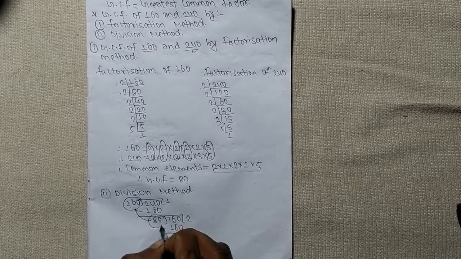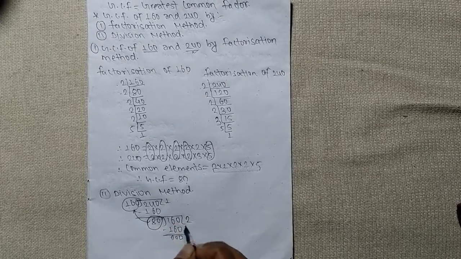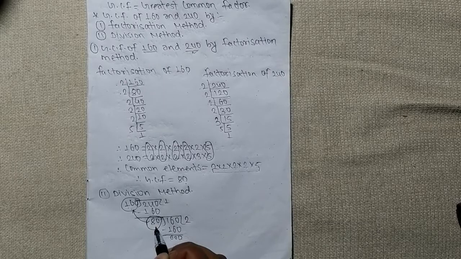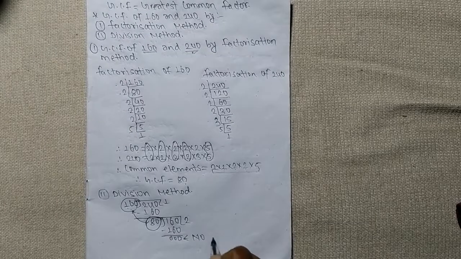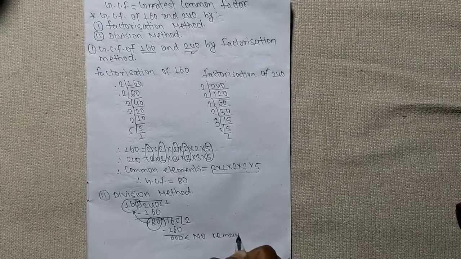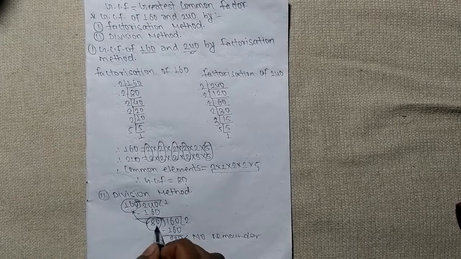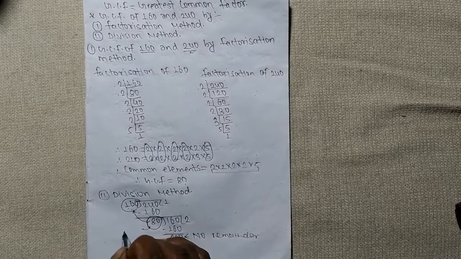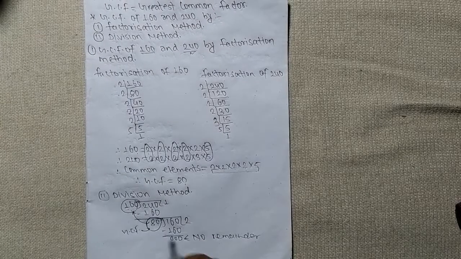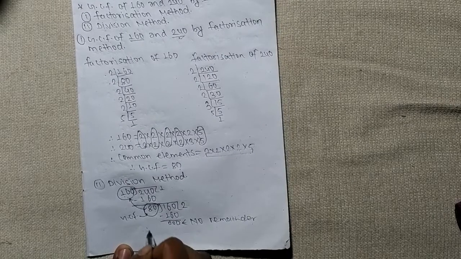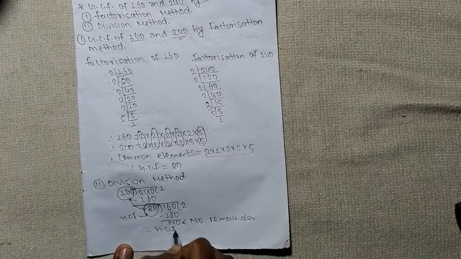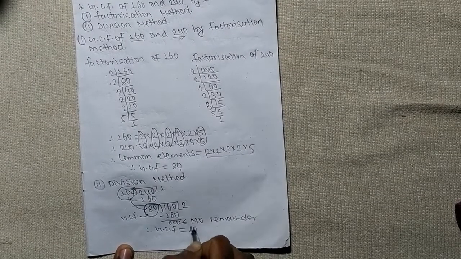While finding the GCF, we have to keep dividing the divisor by the remainder until there is no remainder at the last. So here there is no remainder, so the divisor 80 is the GCF. We can write GCF is equal to 80.